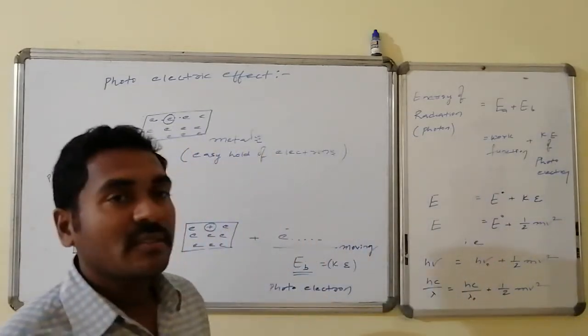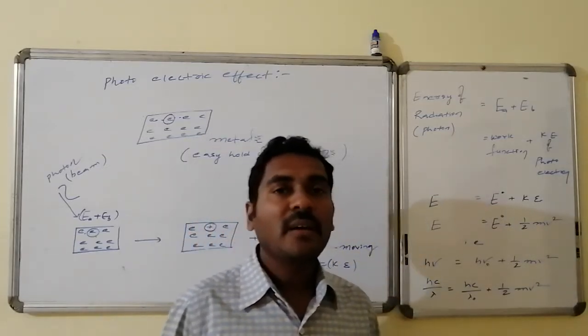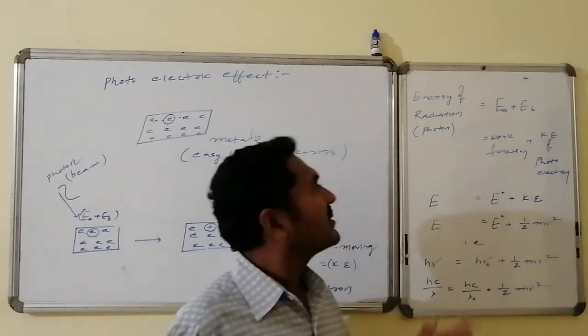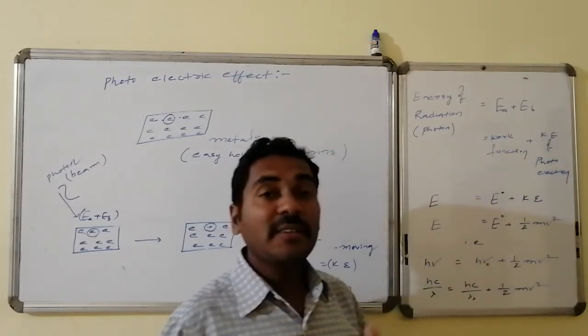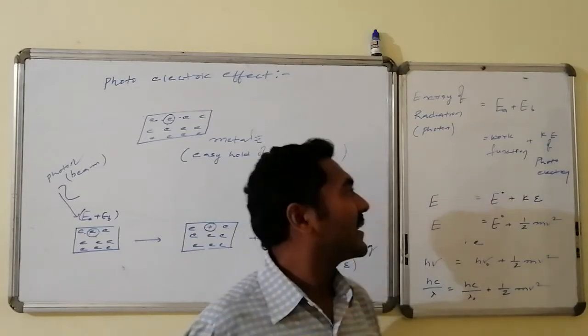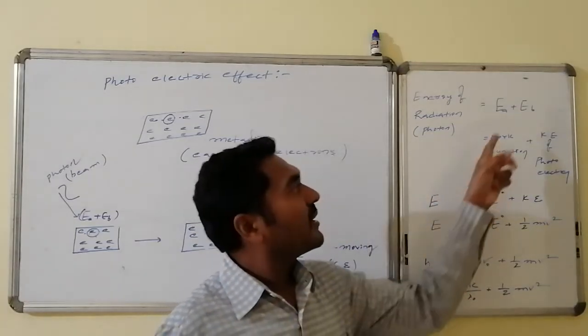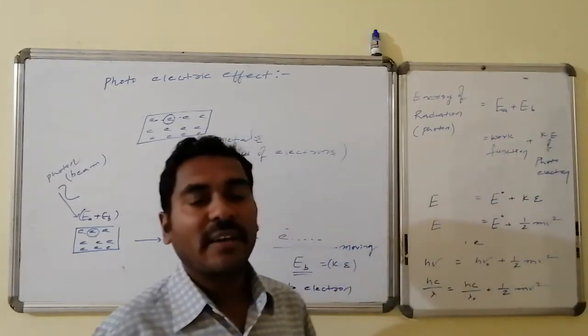Thus here, the total energy of radiation becomes equal to what? Ea plus Eb. Out of this Ea plus Eb, some portion of energy Ea is utilized to make the electron free from the other metallic interactions. That is said to be the work function, whereas the remaining amount of energy is present in the form of kinetic energy.